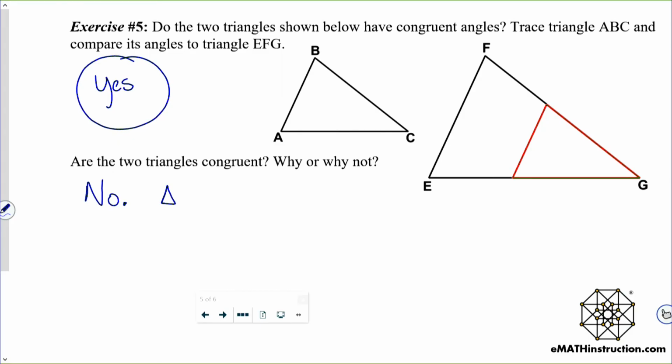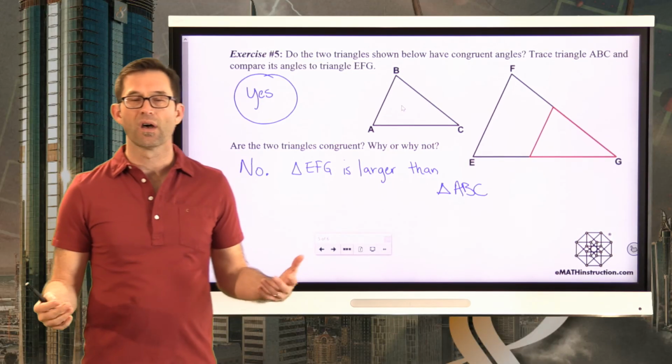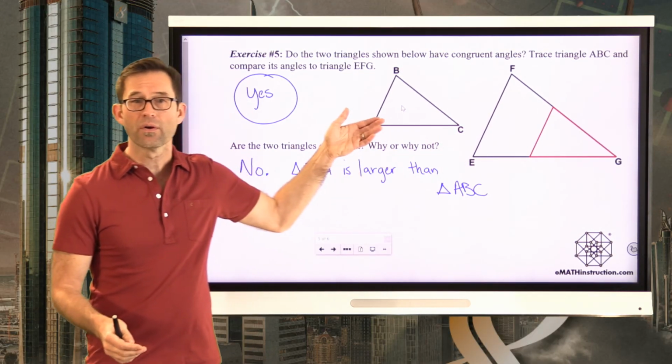So I could just simply say triangle EFG is larger than triangle ABC. Sure, they have the same angles, but the actual size of this triangle is bigger than this one.